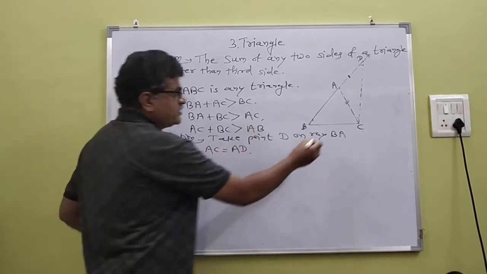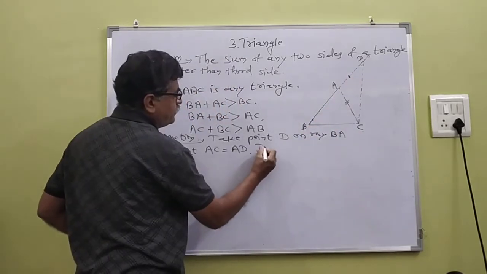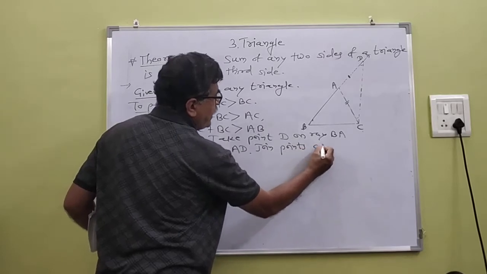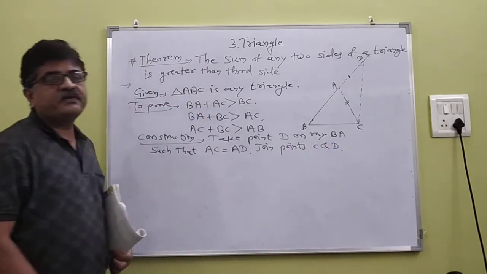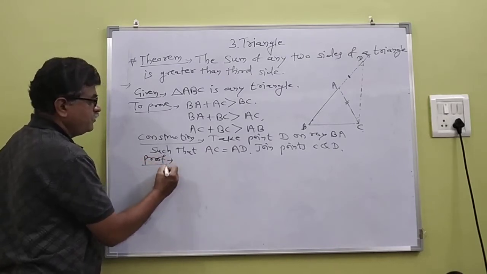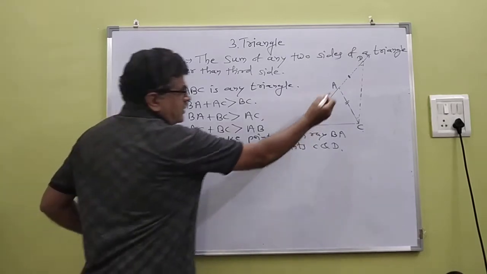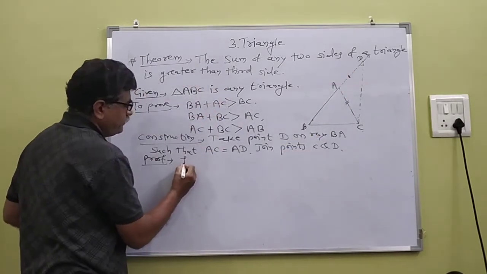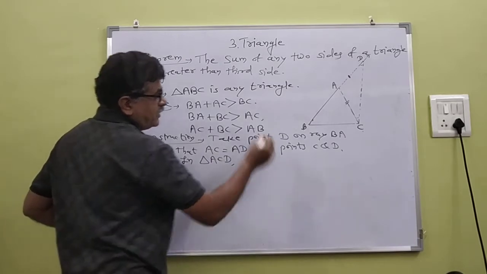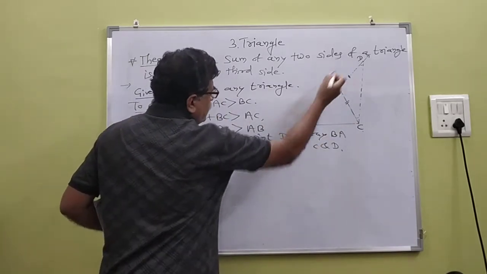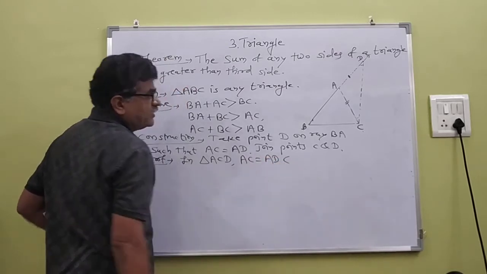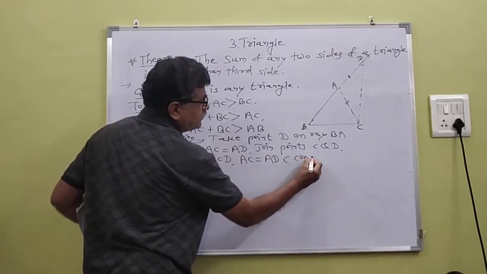Now join points C and D. This is construction. Now proof. In triangle ACD, here AC is equal to AD, this is construction.